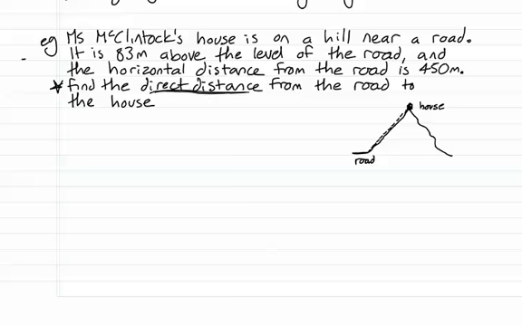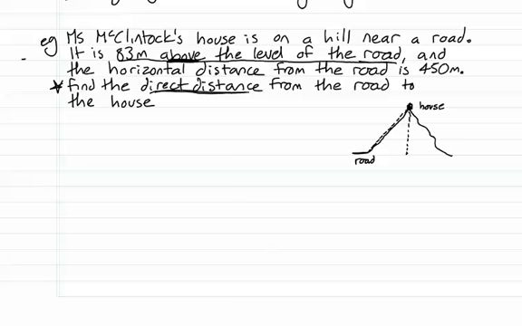The information that we are given. The house is 83 meters above the level of the road. When we see above, or when we see vertical distance or up, we want straight up. So straight up from the same level as the road, but not near the road, is the house.